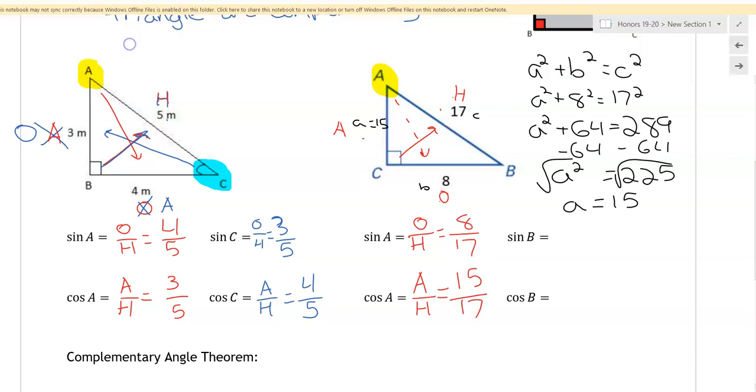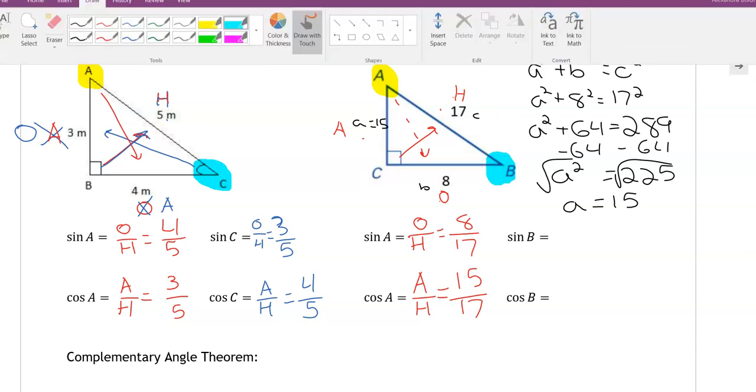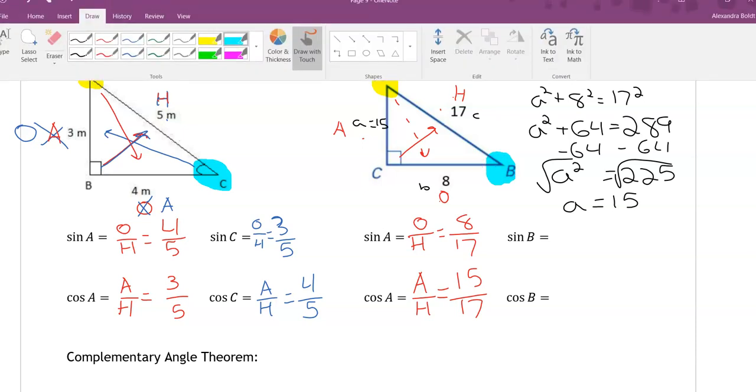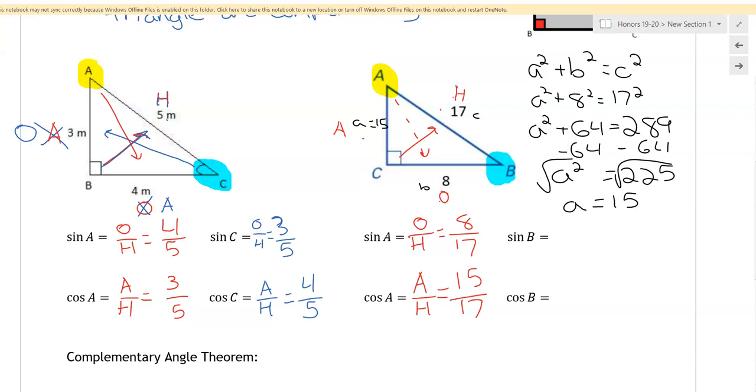Again, switching our angle, our hypotenuse stays the same, but our opposite side and our adjacent side switch. So really what's happening is our sine and our cosine switch.